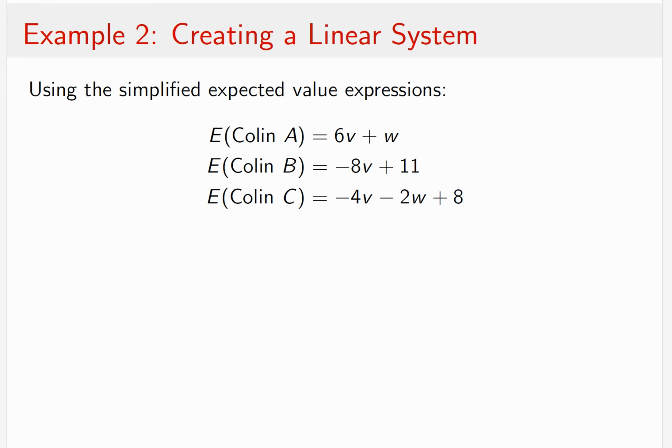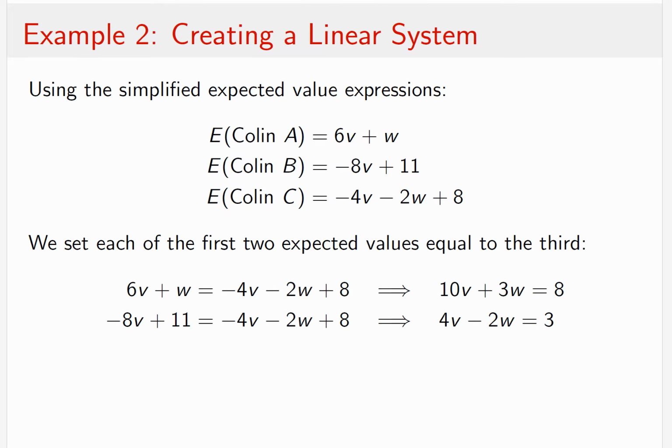And I'm really just looking for things that are going to simplify, pretty straightforward. Why? Because I don't want to break out my linear algebra. I want these to be pretty easy linear systems to solve, okay? So what I did here is I set each of the first two equal to the third, and you can see how that happens here.